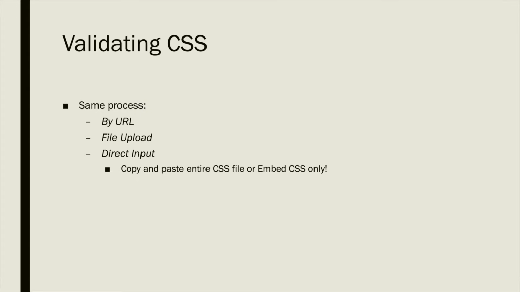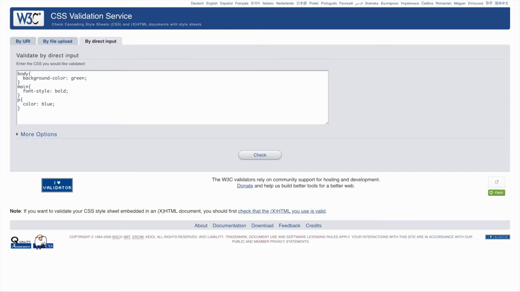You have the same process to validate your CSS: by URL on a public web server, not just your local machine; by file upload, which allows you to upload your CSS files; or by direct input, which allows you to copy and paste the entire CSS file or your embedded CSS, as in between the style tags in the head of your document.